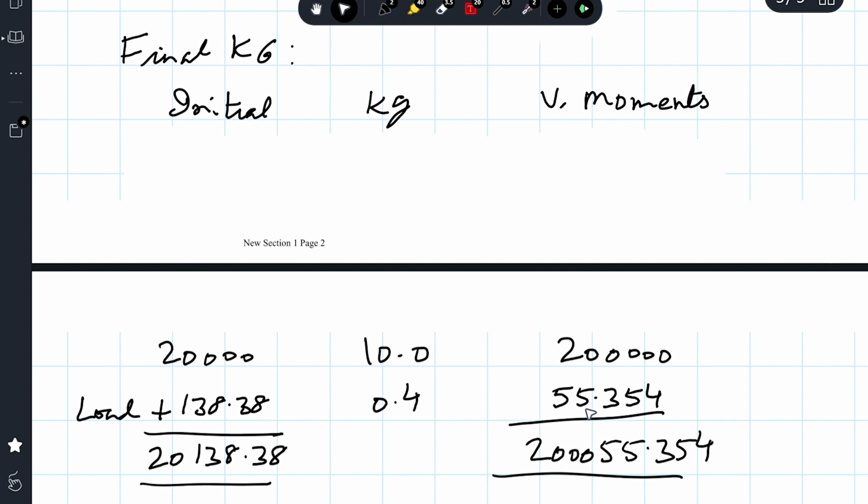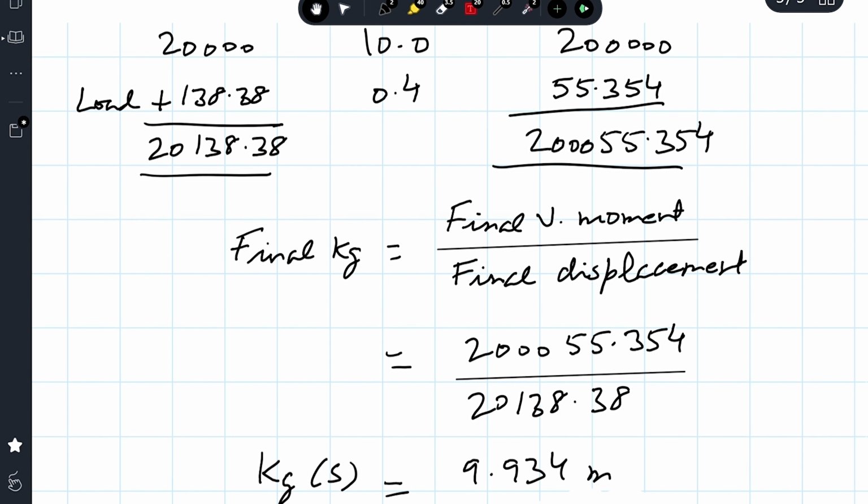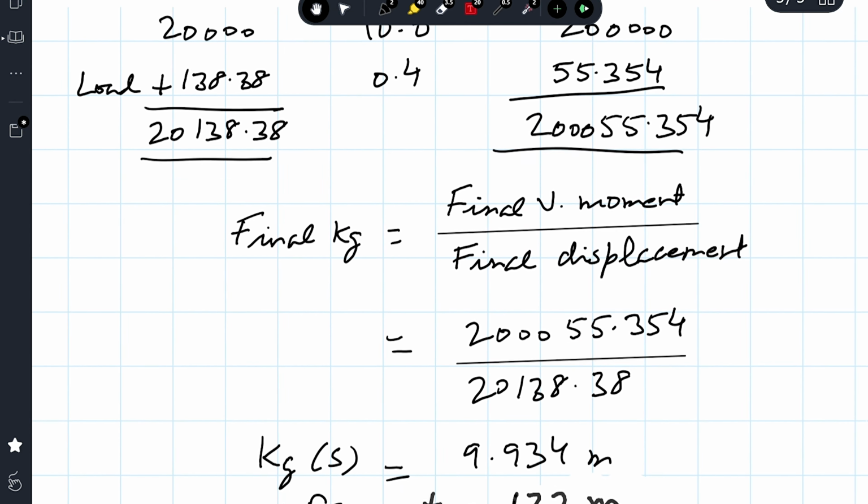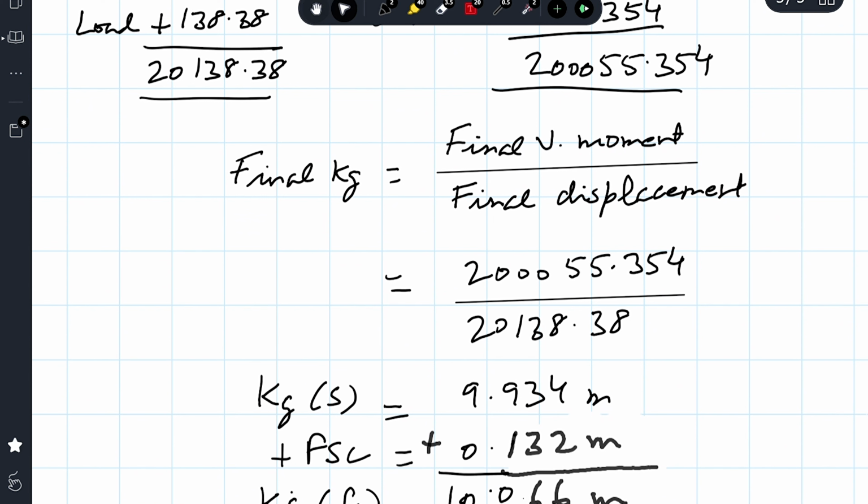Vertical moment will be 55.354, so multiply 138.38 with 0.4. We got 55.354. Now for the final displacement, add 20,138.38 here, and add the vertical moments, so 200,055.354. Final KG is final vertical moment upon final displacement.